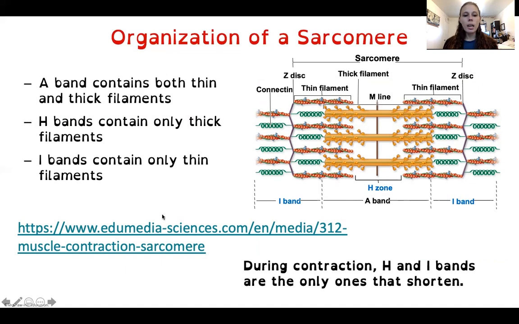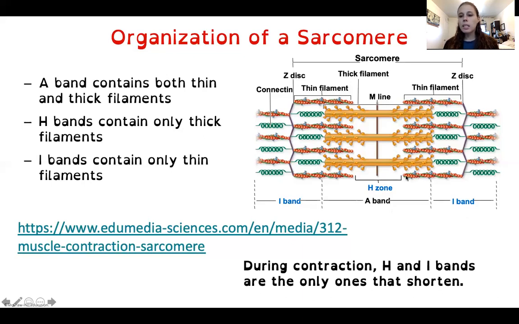So at this link, you can actually see what I'm explaining through an animation. You're going to see these filaments sliding past each other and how the A band, I band, and H zone are changing through the contraction of the sarcomere. But just know that during a contraction, the H zone and the I band are the only ones that become smaller, okay?